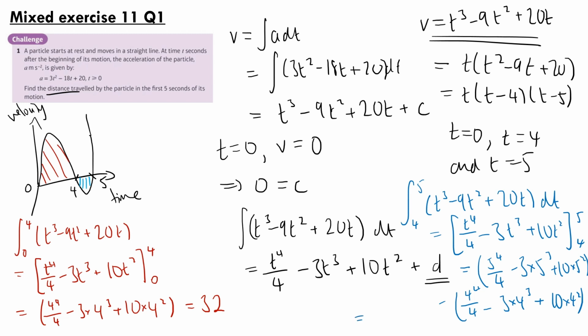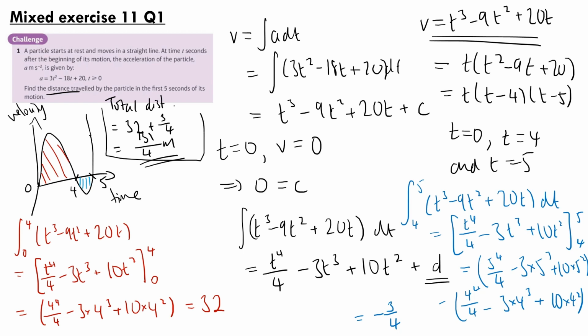Put that into your calculator, you should get minus 3/4. And so our total distance is equal to 32 plus 3/4, and that is equal to 131 over 4 meters, and that is our final answer.